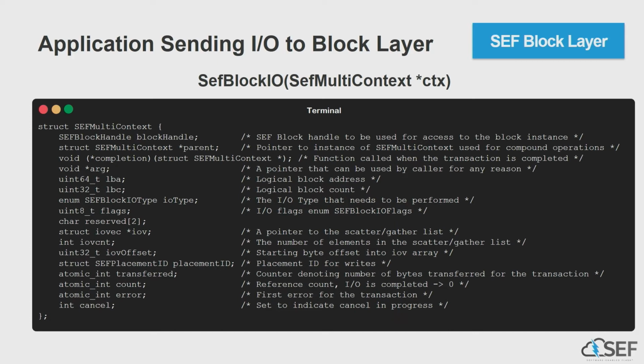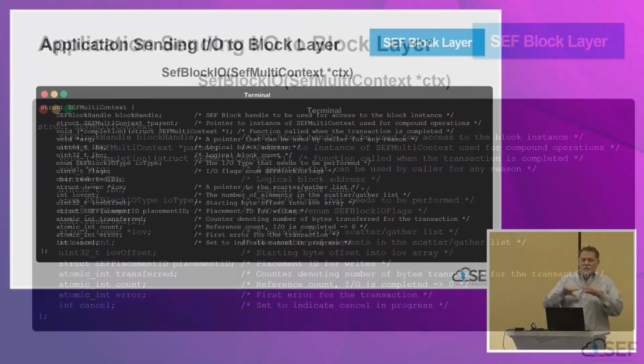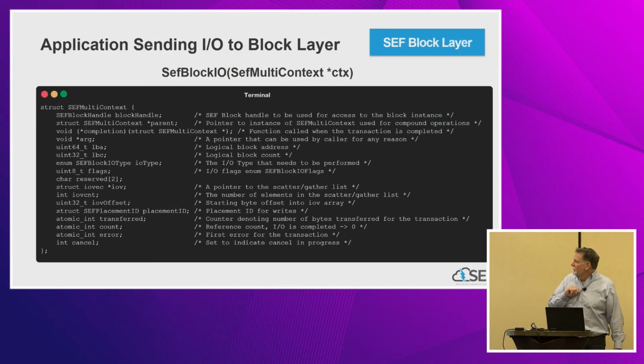So when you read it, that single 1 megabyte read is going to be broken up into multiple operations against several die that can be executed in parallel to make the system perform well. And those multiple operations are linked together through that multi-context parent structure there. There's a completion routine. There's an arbitrary argument that gets passed to the completion routine. It's all for the application to use.